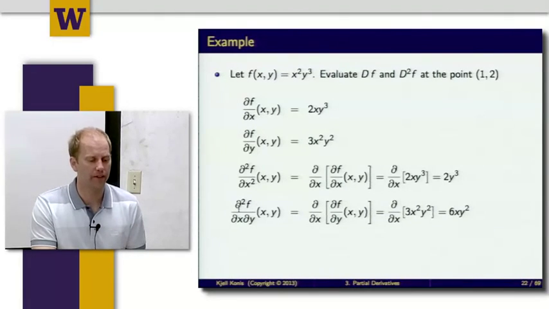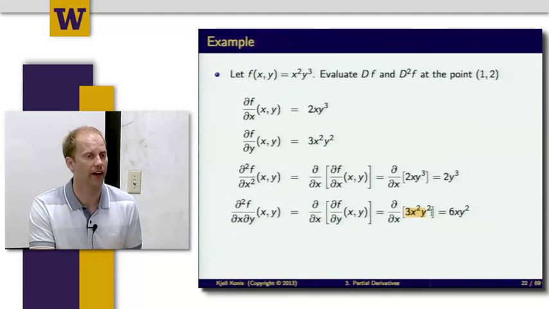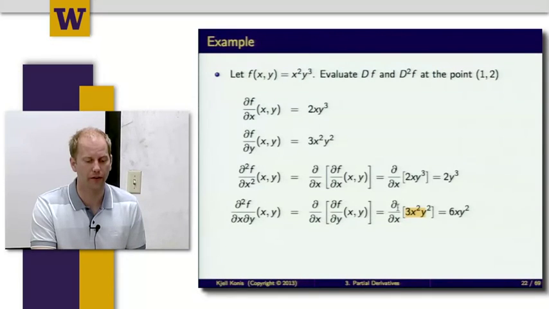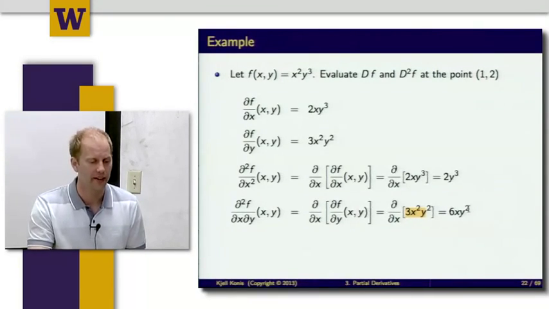The actual mixed partial, so here dy then dx. Again, I've already computed the partial derivative of f with respect to y, so I'm just going to recycle that result rather than do it all over again. Then of this function, I'm going to take the derivative with respect to x, so I get 6xy squared.